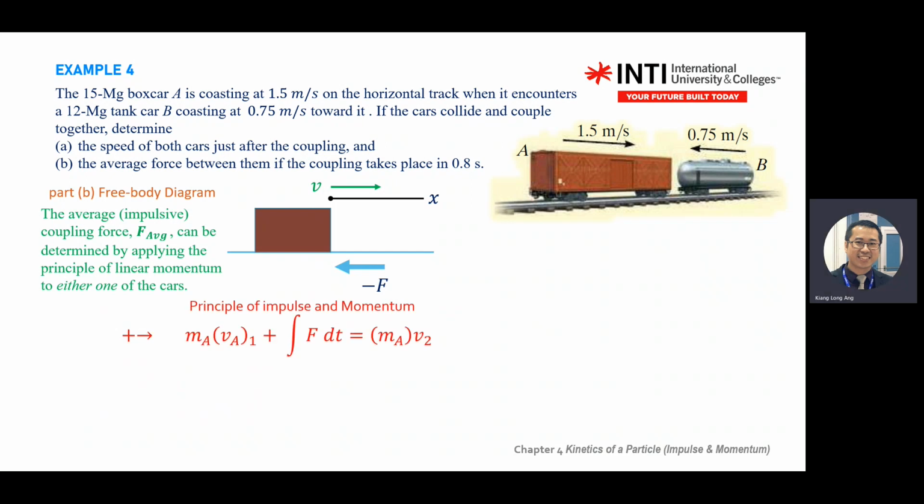So we look at A first. A will move to the right, the positive direction. But the force acting on the body of A is pushing in. You imagine you are A and you collide with someone, someone bangs you, right? So the force is actually pointing to you.